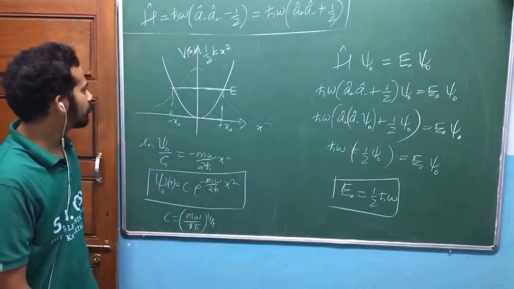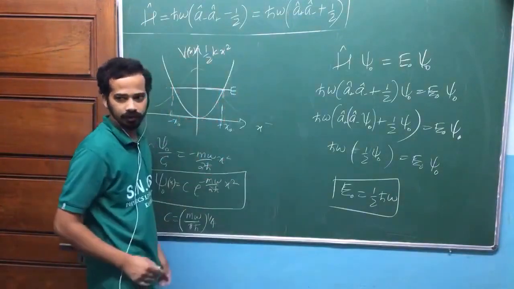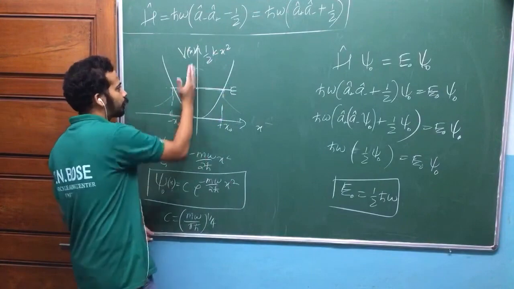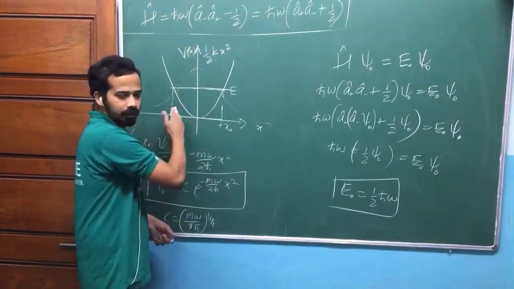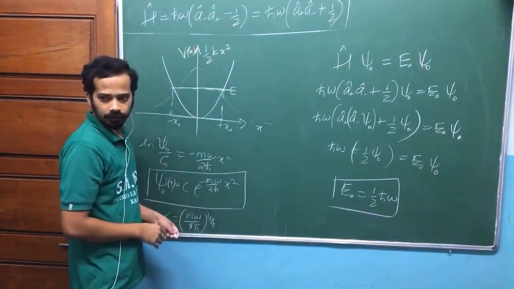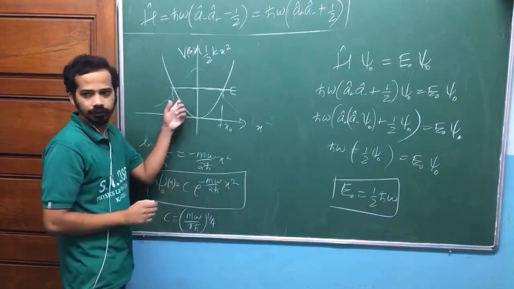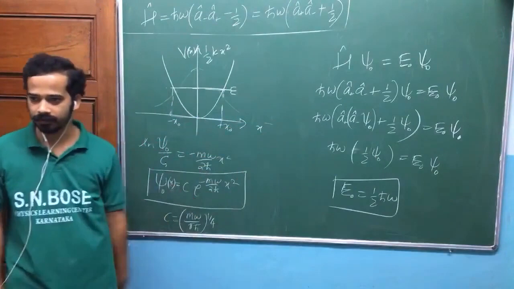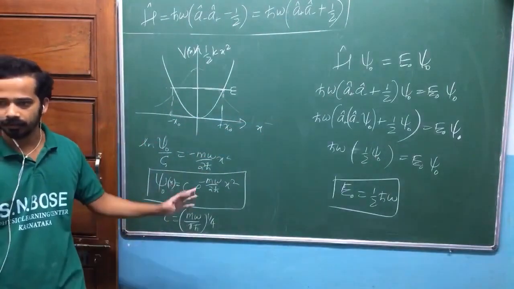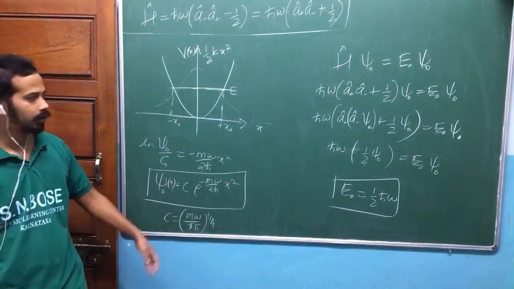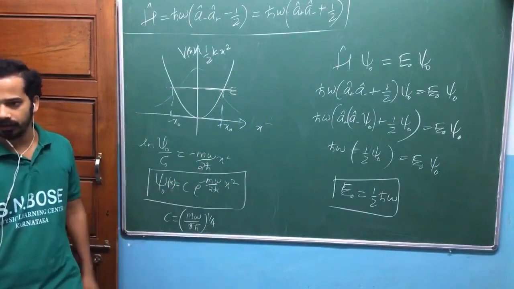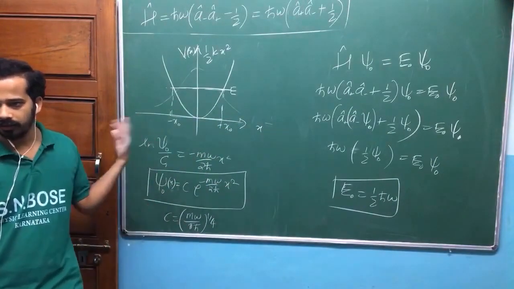Later we shall study the half harmonic oscillator, where our potential is infinity on one side and harmonic on the other side. Then we take the wave function equal to 0 on this side, and we take the range from 0 to infinity. Again, we restrict ourselves depending on the potential. Here the potential is not restricting it anywhere.